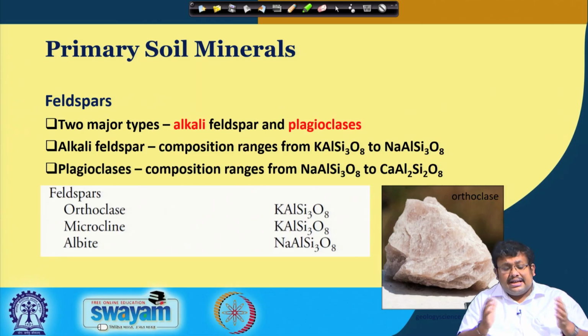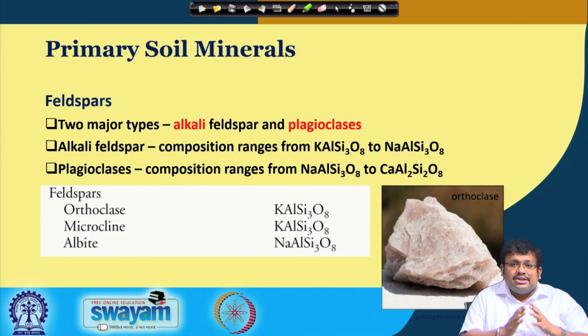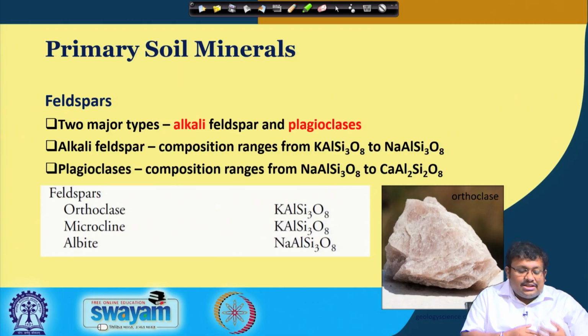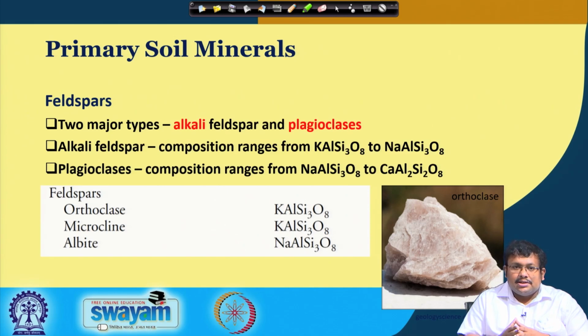If we see the classification of the feldspar, there are two major types. One is called the alkali feldspars and another is plagioclase feldspars. Alkali feldspar compositions range from potassium feldspar to sodium feldspars, and plagioclase feldspar compositions range from sodium feldspar to calcium feldspars.